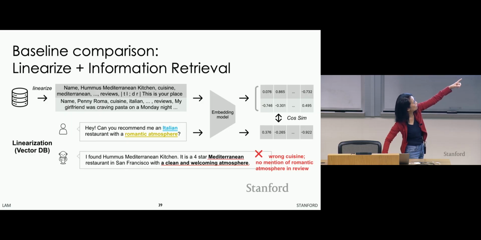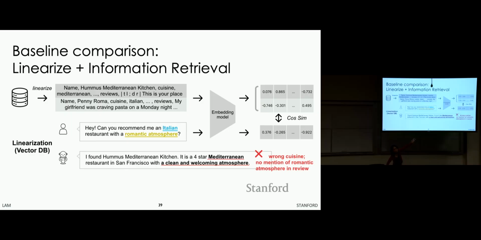You find the best similarity, the most similar restaurant, and return it. This is IR, information retrieval, with a flattened or linearized database. If you ask for an Italian restaurant with a romantic atmosphere, it would just return this one. It mentions atmosphere, but it doesn't have anything to do with being romantic. So this is an example.